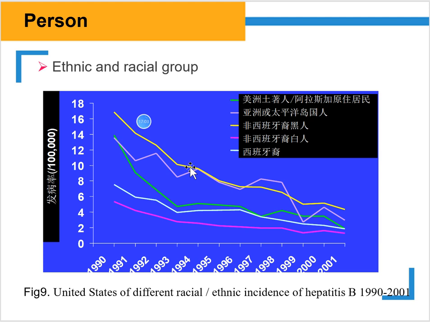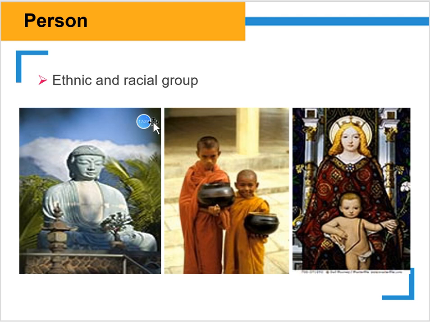The highest incidence rate of hepatitis B. The pink curve represented the whites of non-Hispanic. The lowest incidence rate of hepatitis B. The customs and habits of different ethnic and racial groups can lead to different diseases.